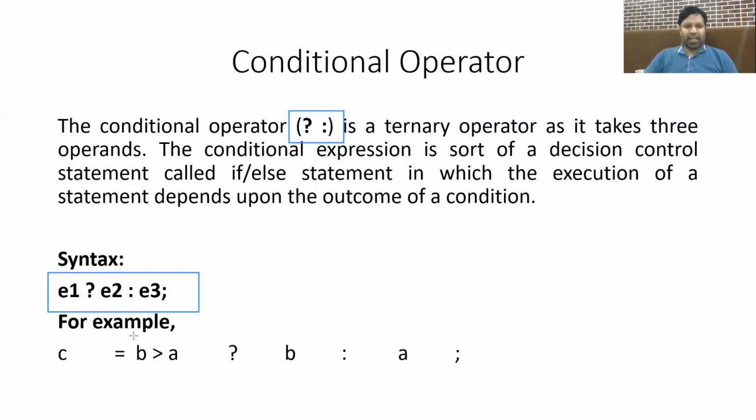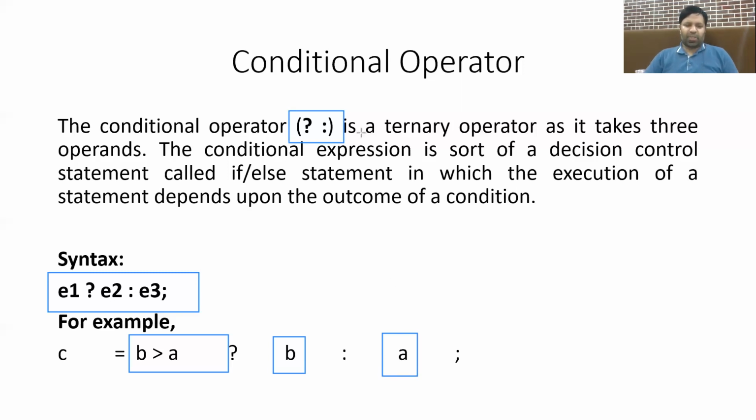The whole idea is to evaluate the expression on the left hand side of the question mark. If it is true, then we execute or return expression 2. Otherwise, we return expression 3.